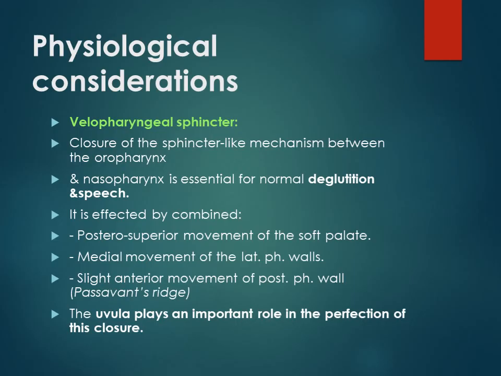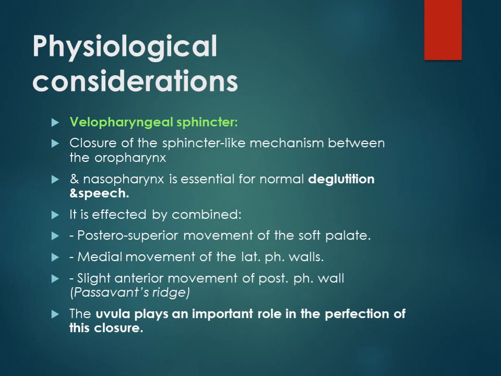The velopharyngeal sphincter is between the nasopharynx and the oropharynx. It acts as a sphincter to stop regurgitation of food from the oropharynx to the nasopharynx. It's important in normal deglutition and also in speech.